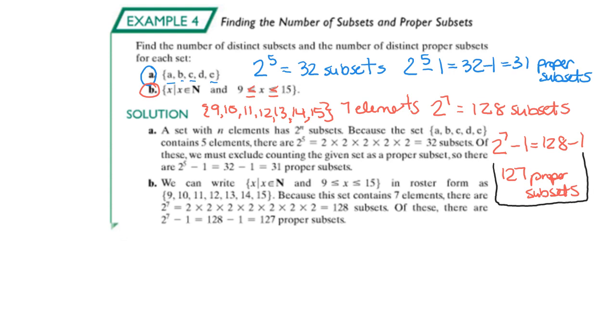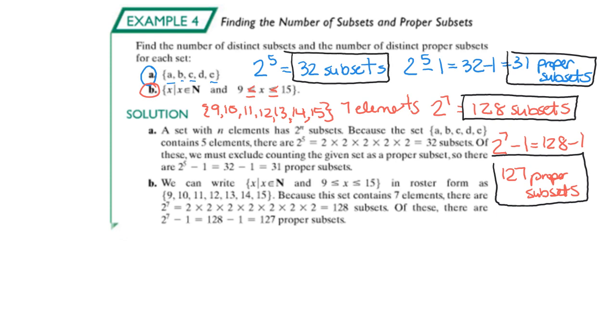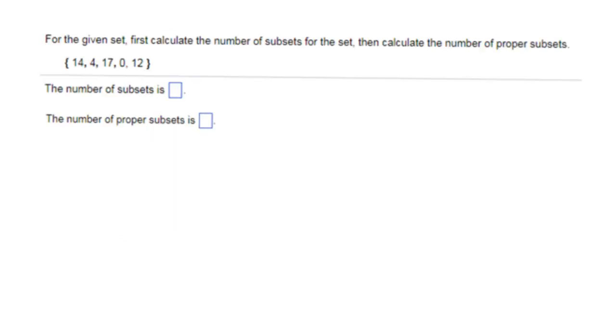So it does matter if you're looking for subsets or proper subsets. Remember, proper subsets do not include the original set, so therefore it would be subtract 1. For the given set, first calculate the number of subsets for the set, then calculate the number of proper subsets.